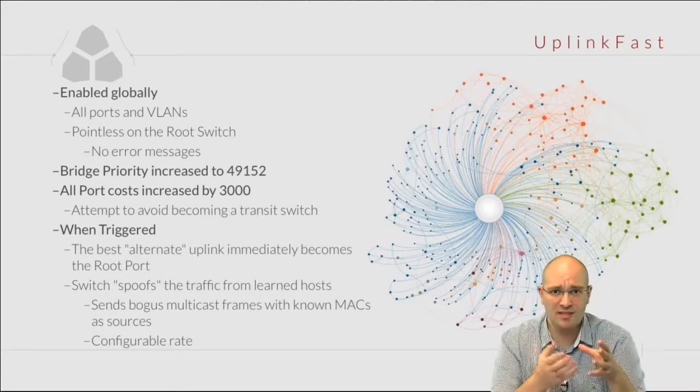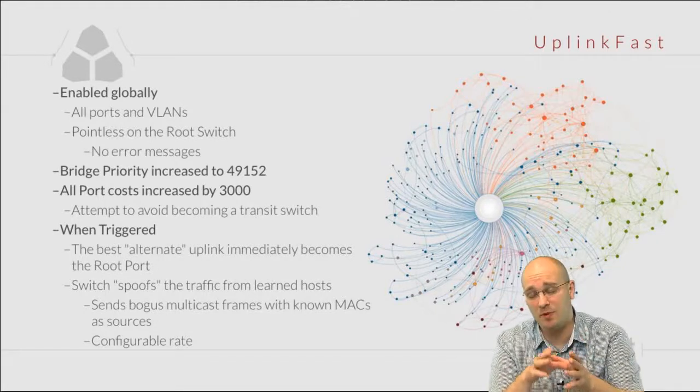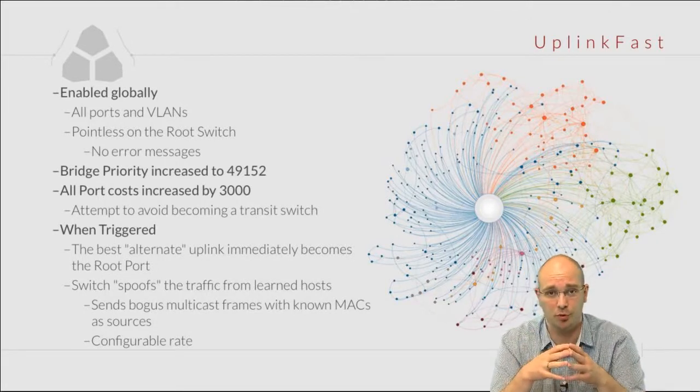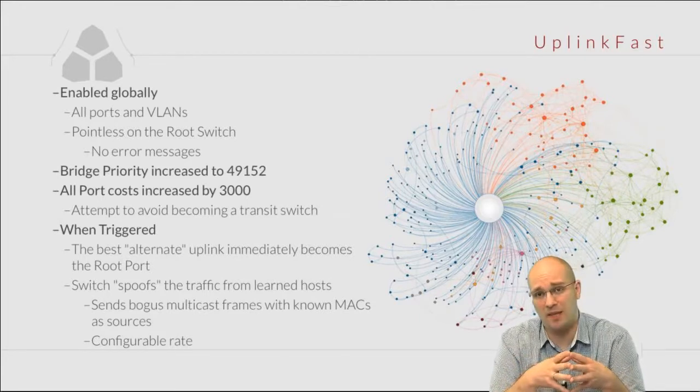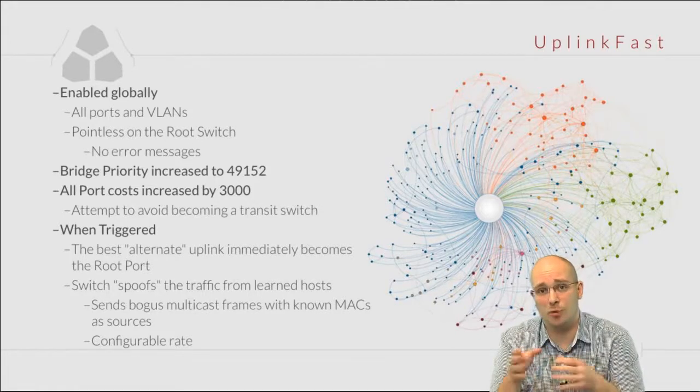When we receive BPDUs that match the BPDUs that we are using on the root port, that means that they are sent by the same root, they have the same priority and so on, but they are not as good as those received on the root port. In other words, the cost is slightly higher, or maybe the port priority on the other side is higher. In that case, those ports are going to end up being in a blocking state.